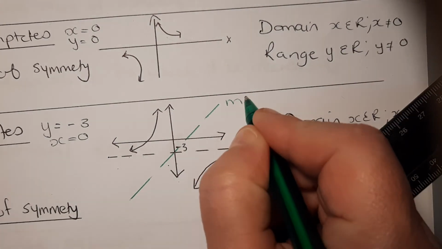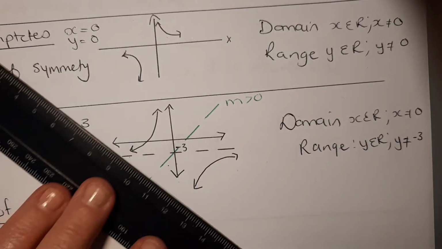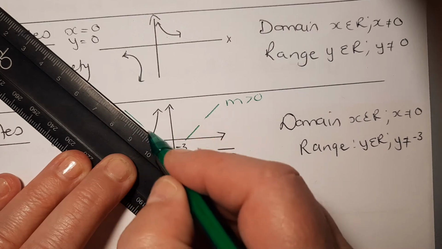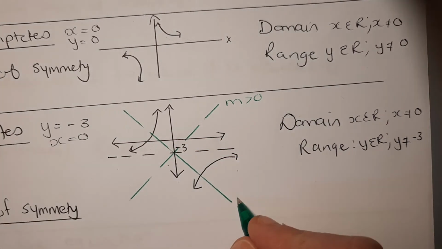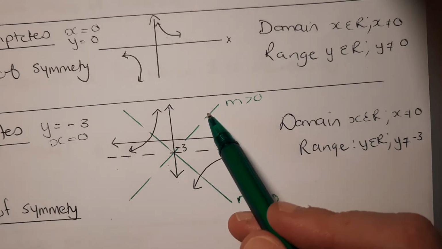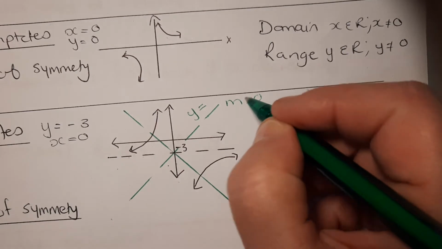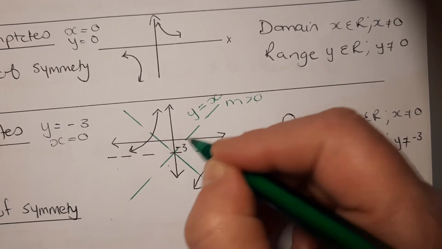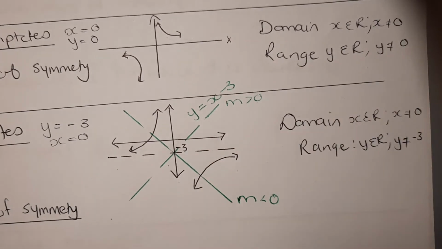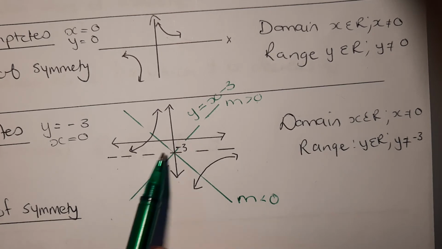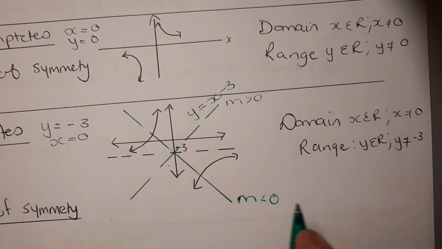My gradient is greater than 0 if it's ascending, and my gradient is less than 0 if it is descending. So what is this equation? This equation is y is equal to, the gradient is positive, it is x, and it passes through negative 3. That is my y-intercept. And in this case, it's going to be y is equal to negative x. It still passes through negative 3.